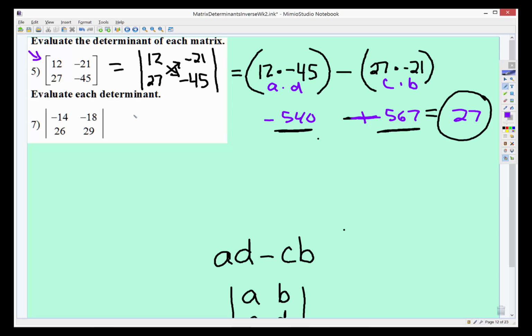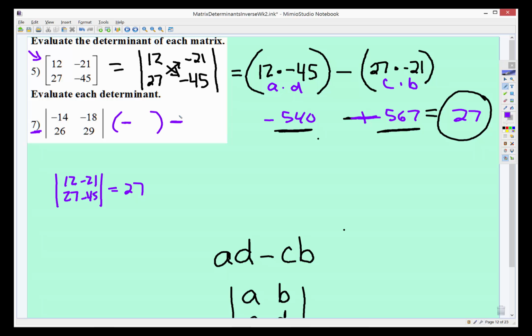So the determinant of this should equal 27. Now, when we're looking at number 7 here, same thing. We're going to multiply negative 14 times negative 25 to give you a negative number.